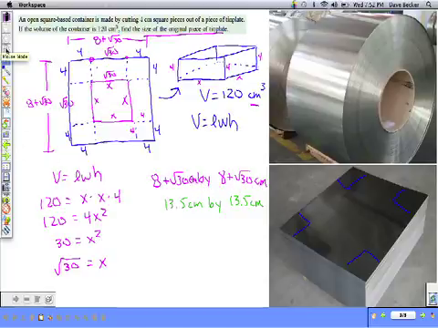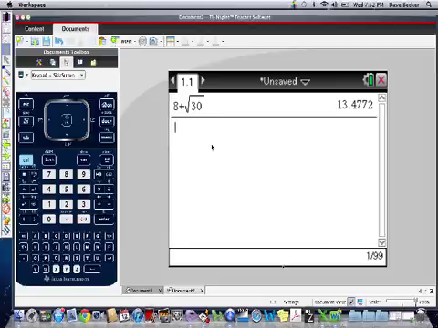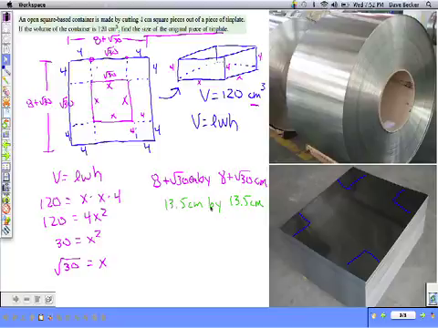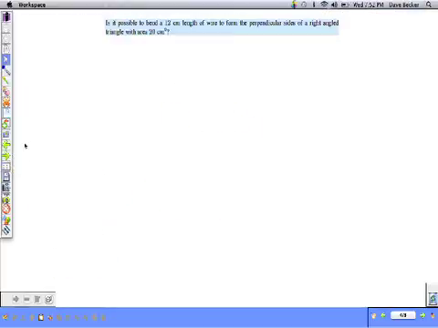Well, no one's going to give that dimension. What I should have done is put 8 plus root 30 in the calculator and then give the answer to three significant figures per IB guidelines, and that would round to 13.5 centimeters by 13.5 centimeters. So sorry about that. On to our next problem.